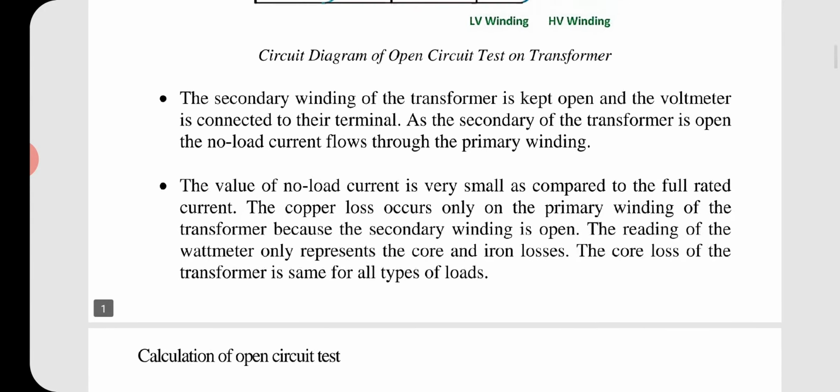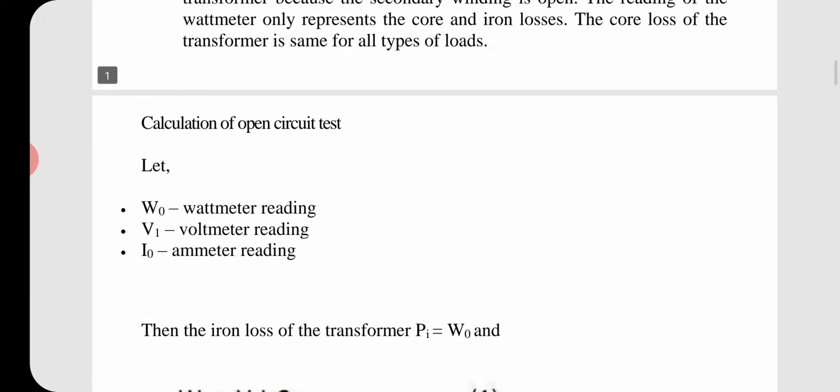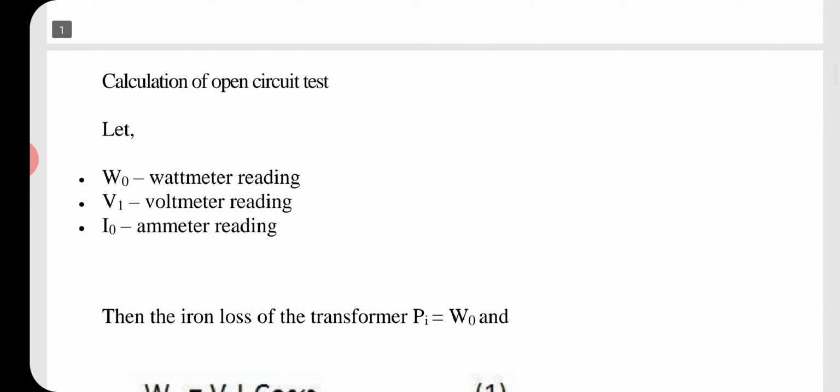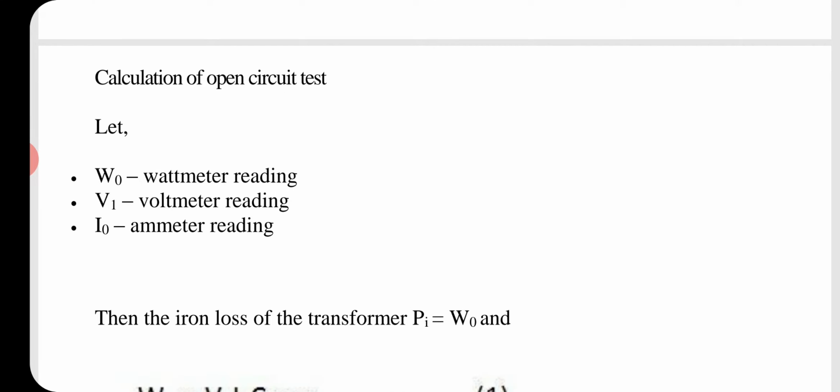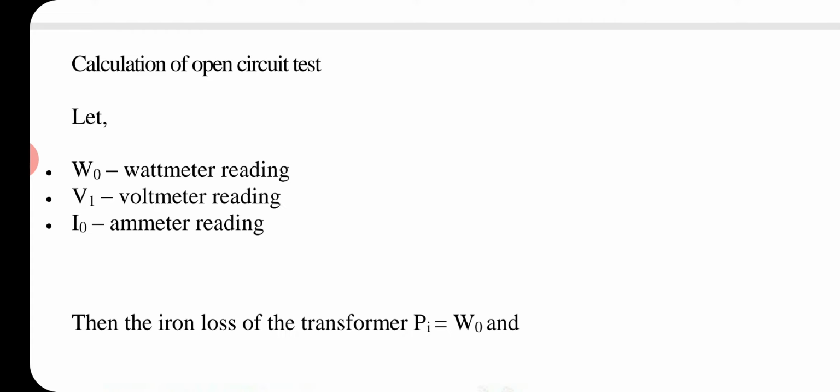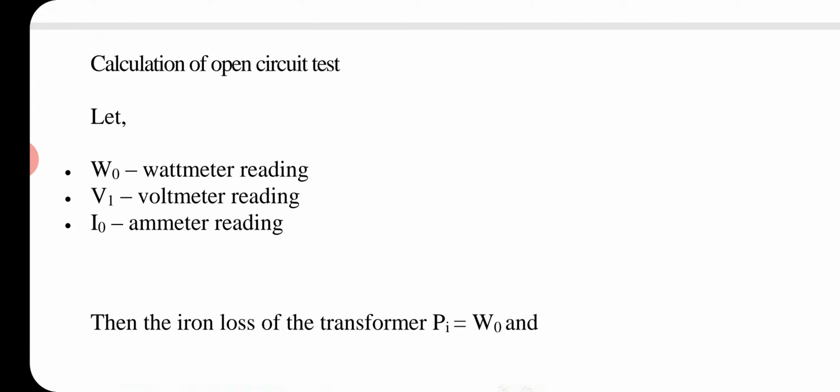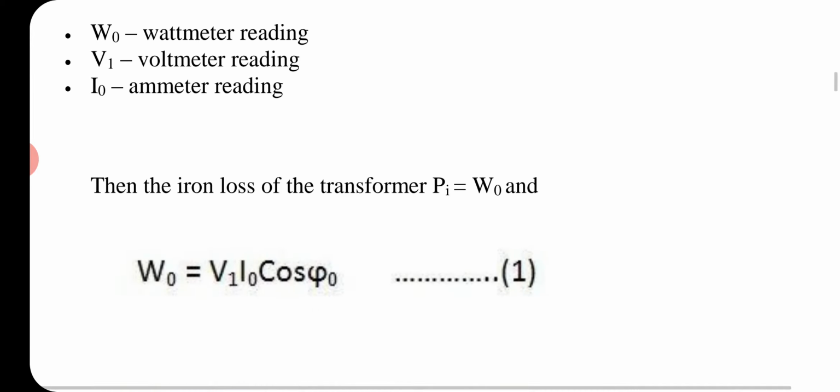So coming to the calculation part, let W0 be the wattmeter reading, V1 the voltmeter reading, and I0 the ammeter reading. I0 is the no load current, V1 is the input voltage to the primary winding, and W0 is the power consumed in the primary winding.